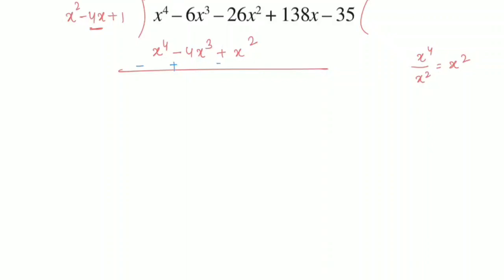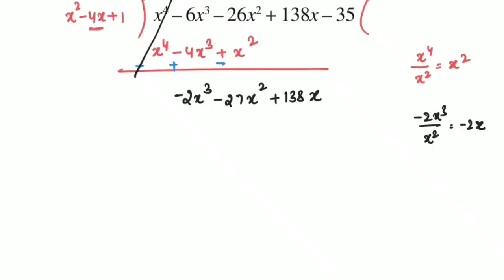Minus, plus, minus. Write down the values. Cancels. Minus 2x cube minus 27x square plus 138x. Now, the second term of the quotient: minus 2x cube by x square, you will get minus 2x.